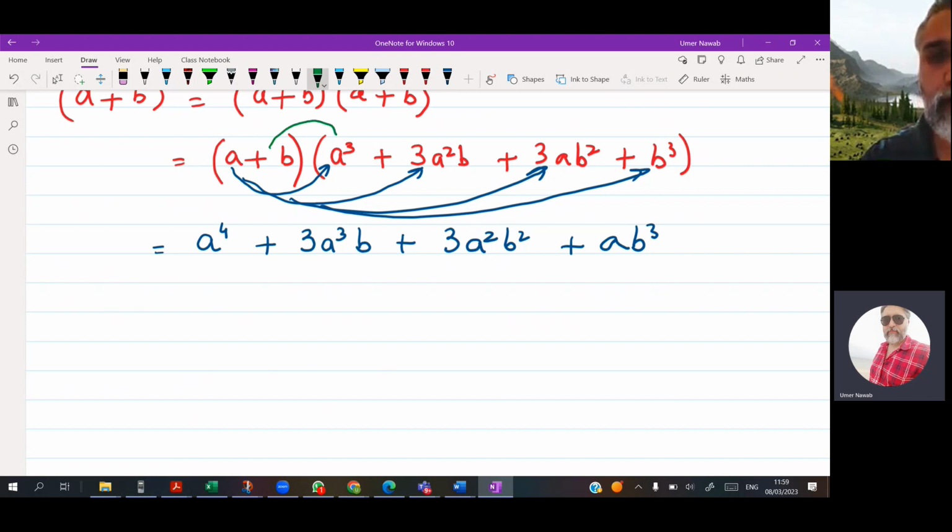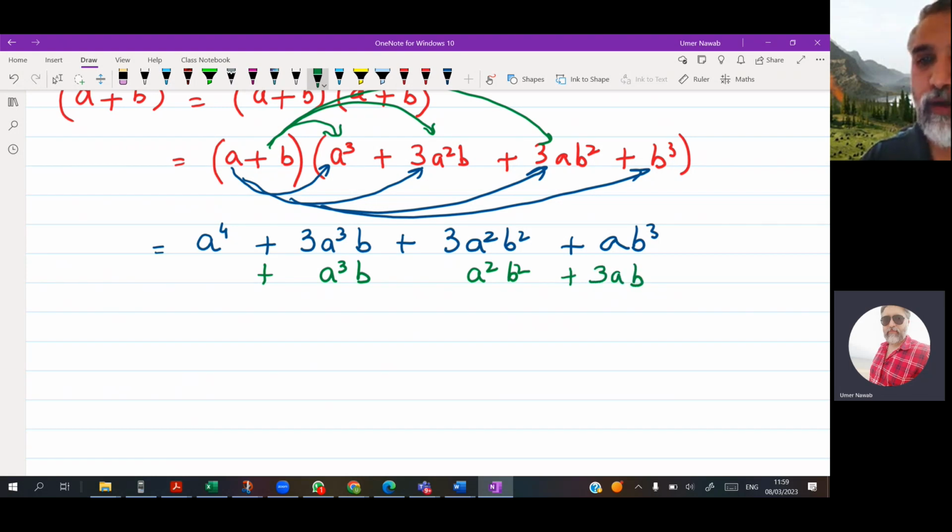Then a cube b, then a squared b squared, then 3ab cubed, then b power 4. So guys, here it was 3. Clear?